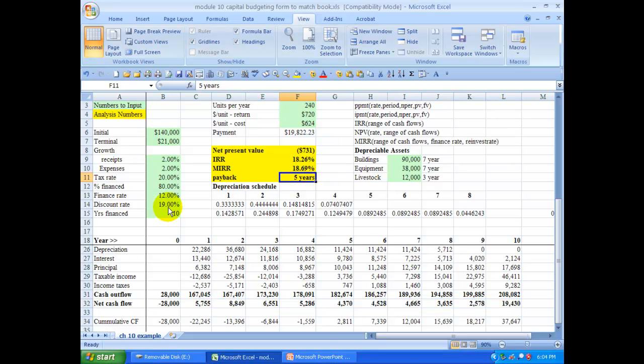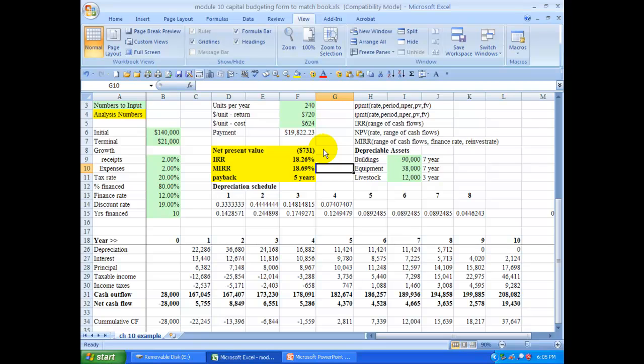And so the IRR is 18.26%, which is less than the discount rate, and the MIRR is 18.69%. So the MIRR will always be slightly closer to the discount rate than the IRR, because the IRR is either going to be slightly understated if under the discount rate and overstated if over the discount rate. Since this is an IRR that's fairly close to our discount rate, you don't see a whole lot of difference between the two.